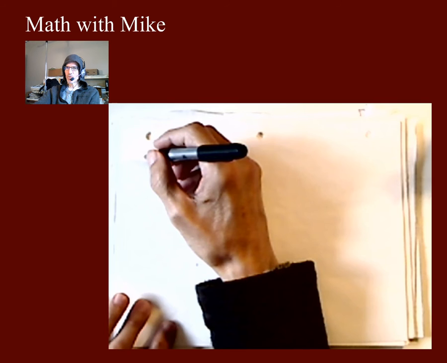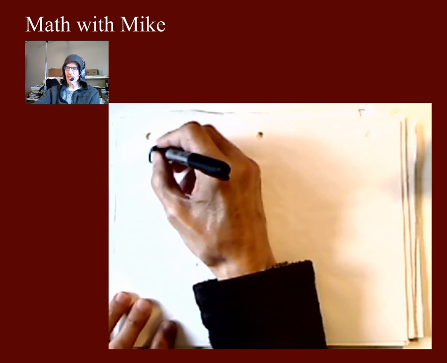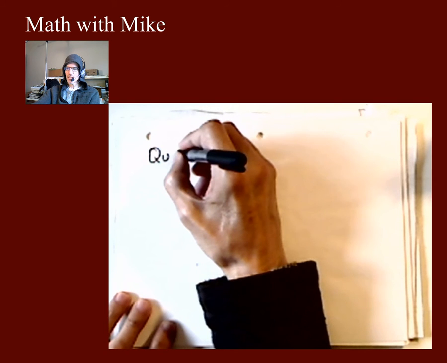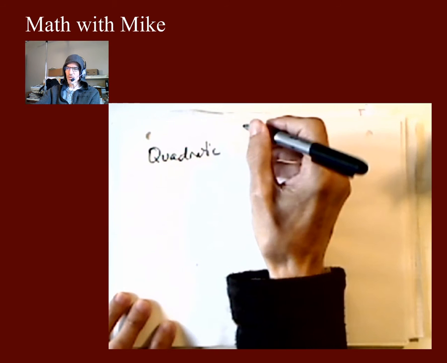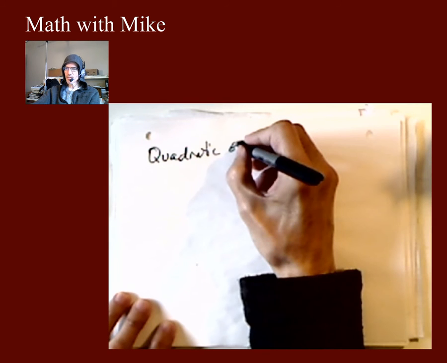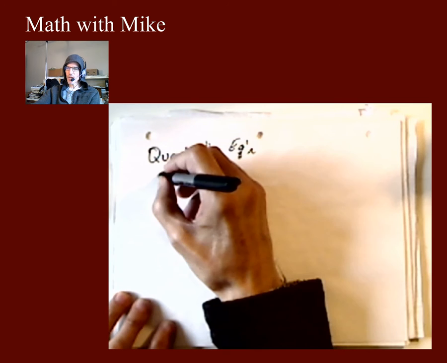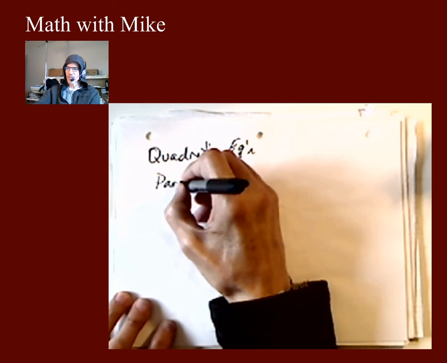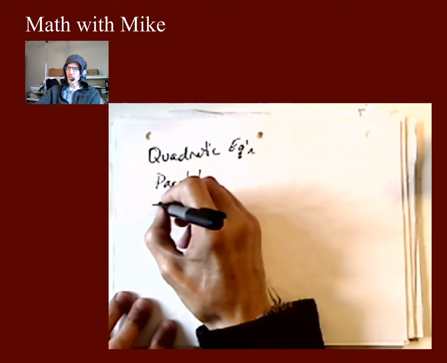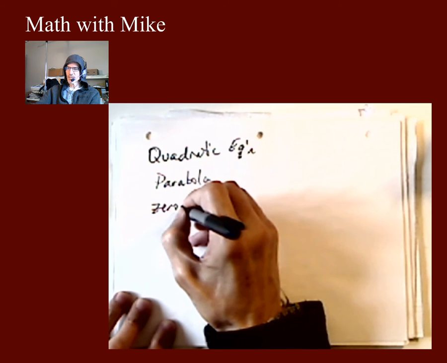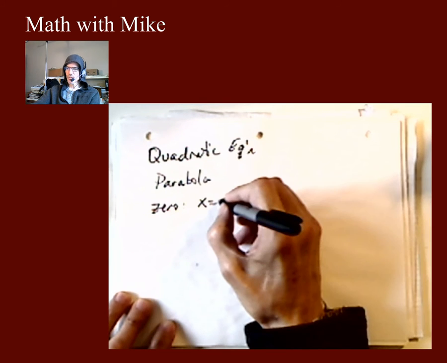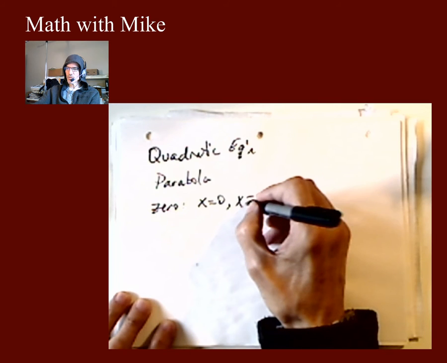So let's do this. Let's say we have a quadratic equation, parabola. We'll say it has zeros at x equals 0 and x equals 4.